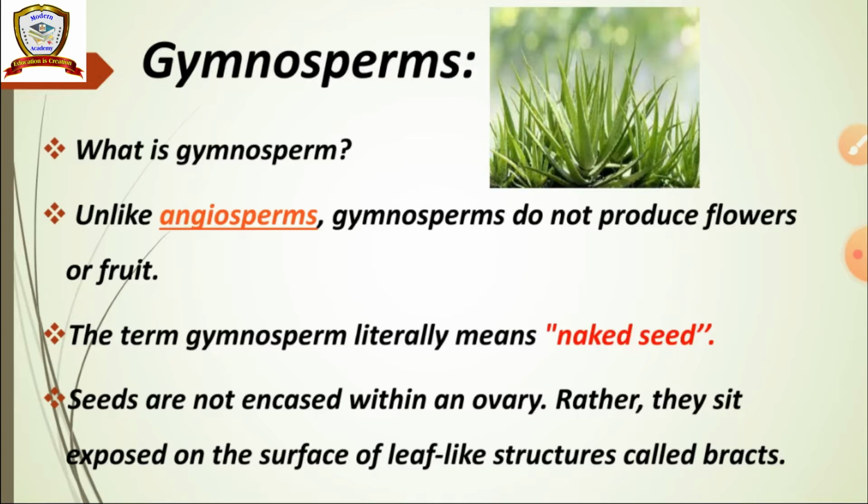So the seed is not present in the ovary, but on a modified leaf-like structure, as I showed in the picture of the pines, and that is called bracts.